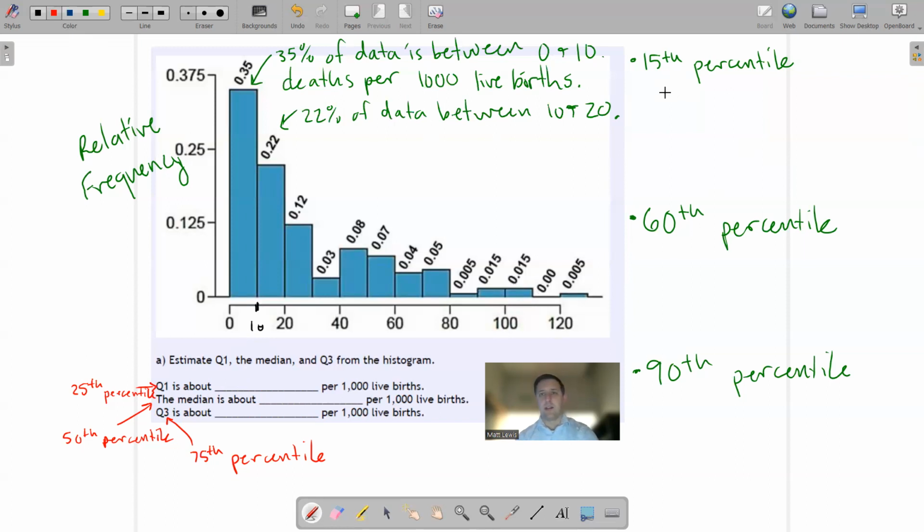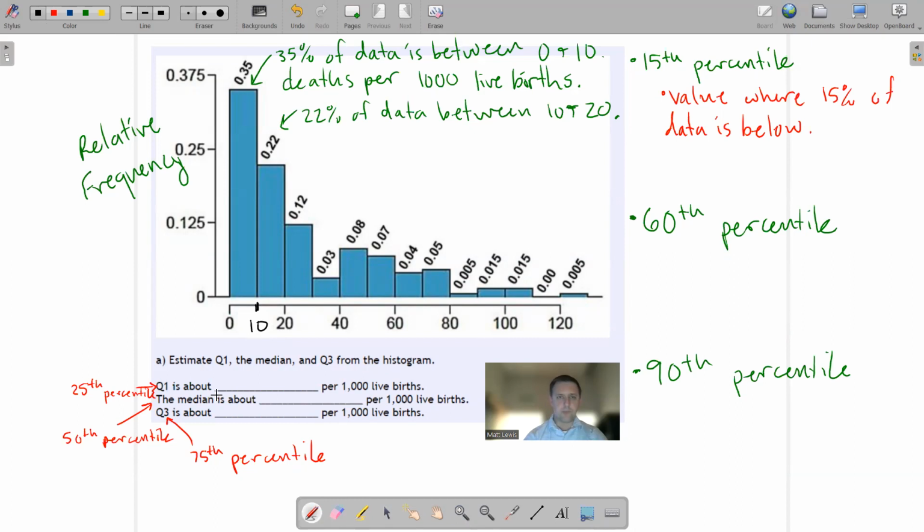Or to write it out like this, the 15th percentile is the value where 15% of the data is below. So with a 15th percentile, you're going to report an actual variable value, meaning one of these numbers down here along the horizontal axis. Let's actually make that look like a 10 here.